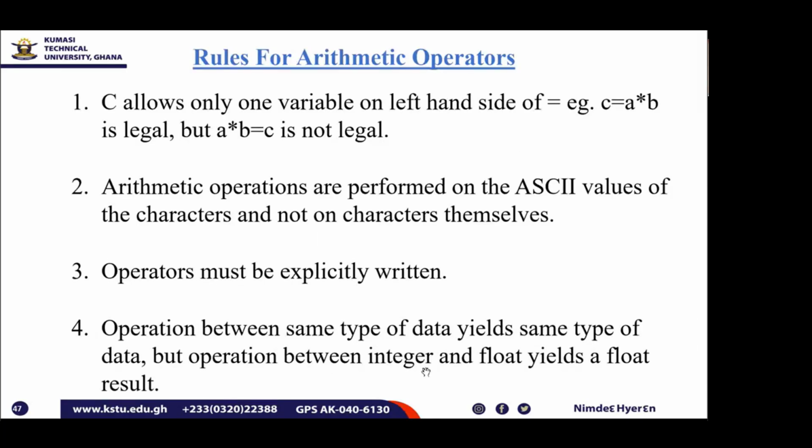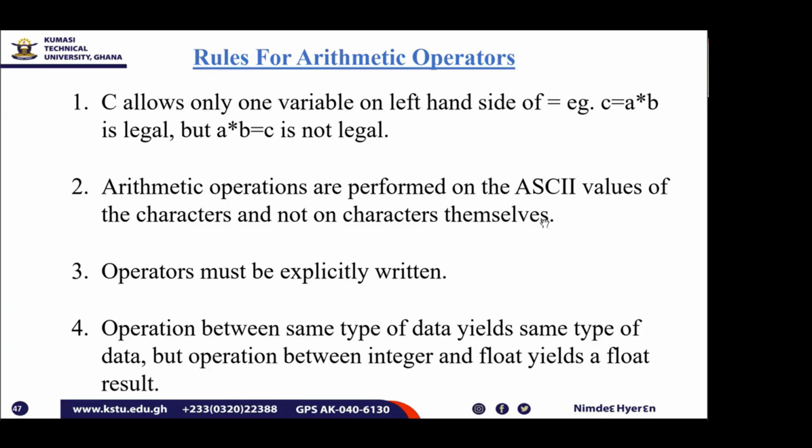Now, before we look at an example of how arithmetic operation is performed in C, we would need to understand some rules for arithmetic operators. Rule number 1 is that C programming allows only one variable on the left-hand side of any instruction.